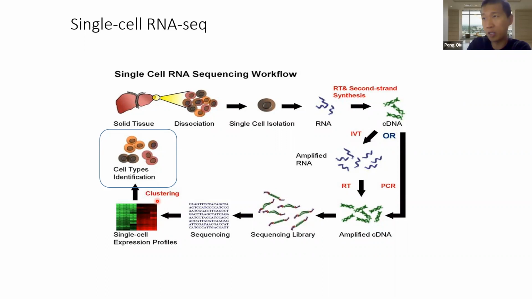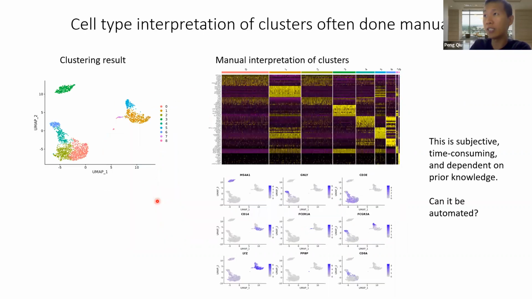How are they different from each other? What kind of biology does each one of them represent? So in the literature, I think the most popular approach for doing this is manual inspection of cell type specific marker genes. For example, let's say we have the data already clustered, and then we can perform differential expression analysis for each cluster against everybody else.